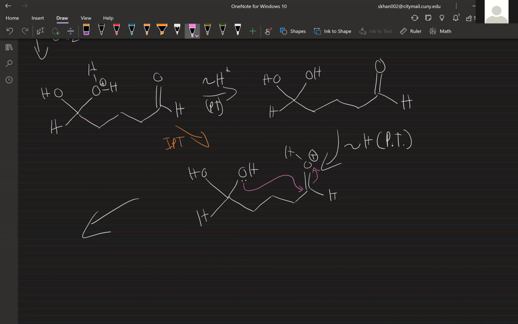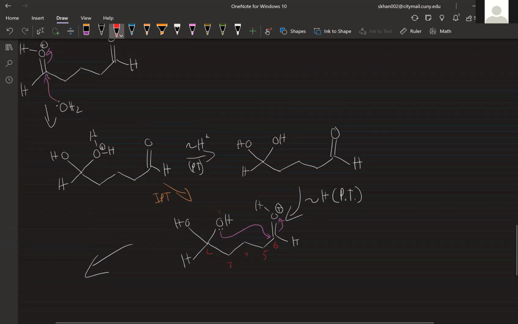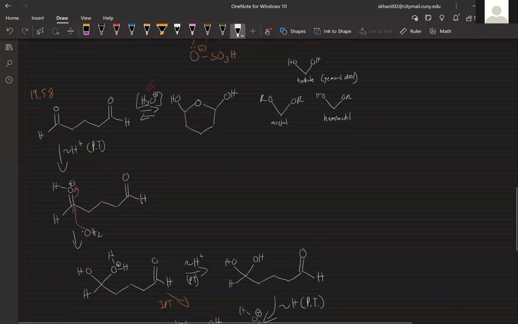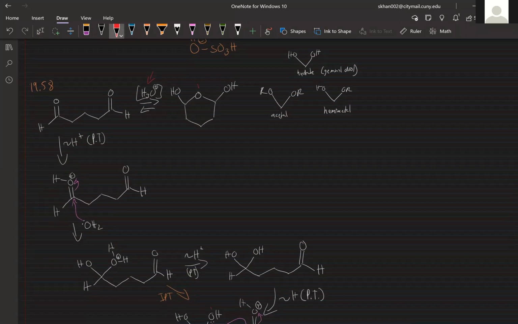Now, if you notice your ring here too, you could do a little atom count: 1, 2, 3, 4, 5, and 6. And then what do we have at the top here? If I remove this, let's draw the original product again. Original product was this. So if our oxygen is 1, and we go in a circle here, 1, 2, 3, 4, 5, and 6, and that OH is that carbonyl that used to be there.